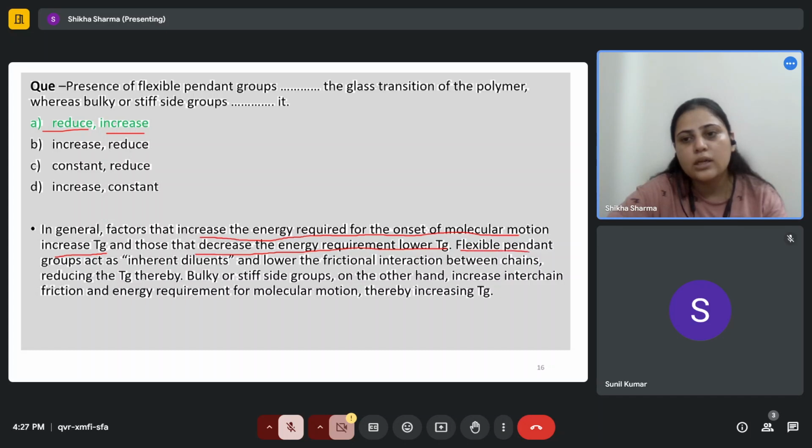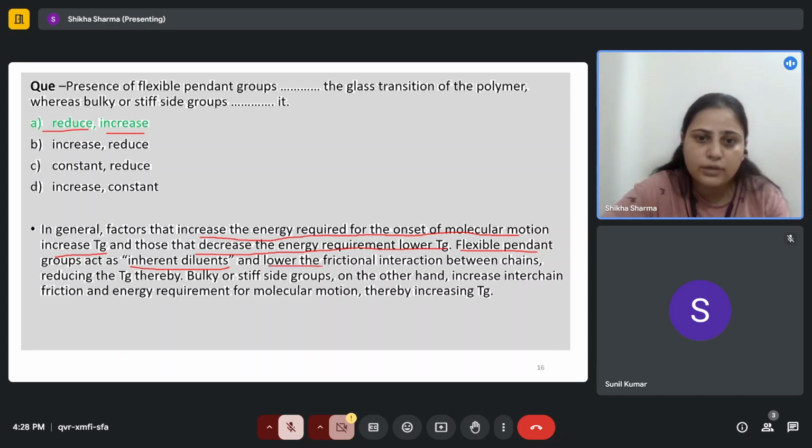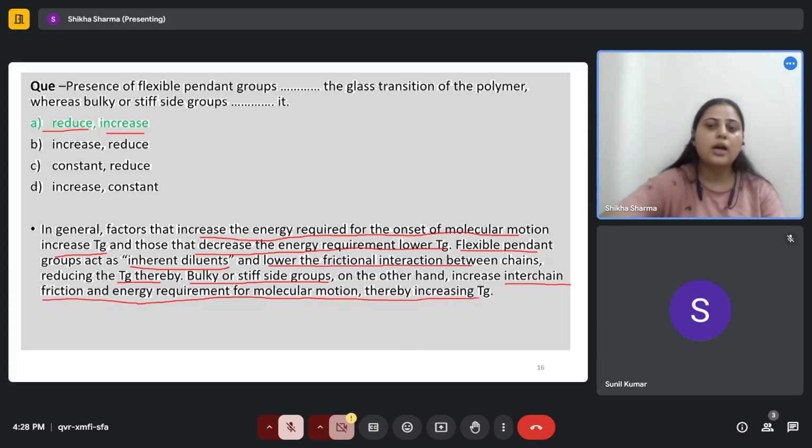Just now we discussed the flexible pendant groups; they act as inherent diluents. So there will be less frictional interaction between the chains, so Tg will be lower. Whereas in bulky or stiff side groups, the interchain friction will be higher. So interchain friction and the energy requirement will be higher for the molecular motion, so Tg will be higher. You understood this concept?